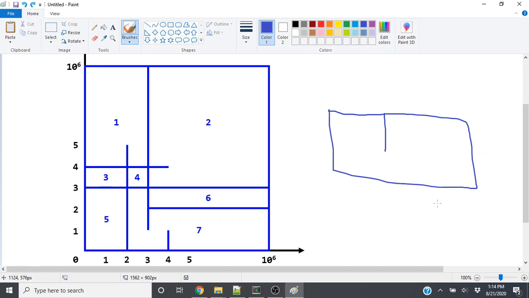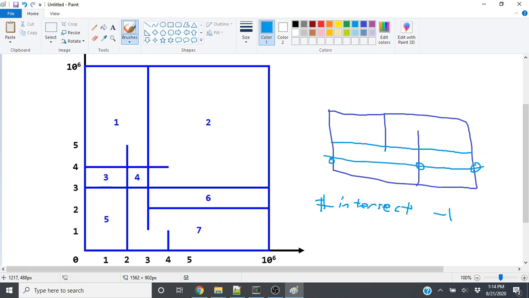So this is what we notice, that every horizontal segment's contribution is the number of vertical intersections minus 1. Because if it intersects nothing, then it doesn't do anything. But if it intersects 2 points, then it'll create 1 region. If it intersects 3, it'll create 2.